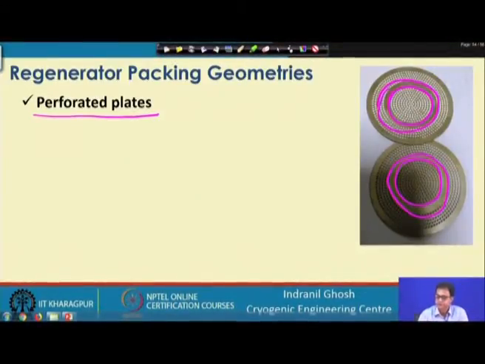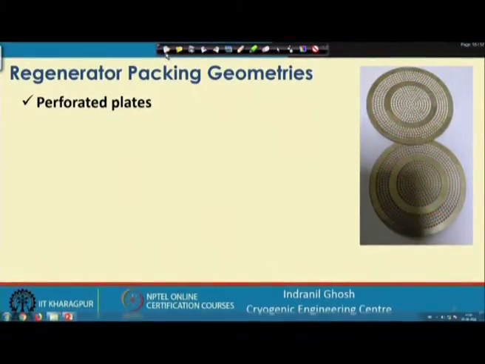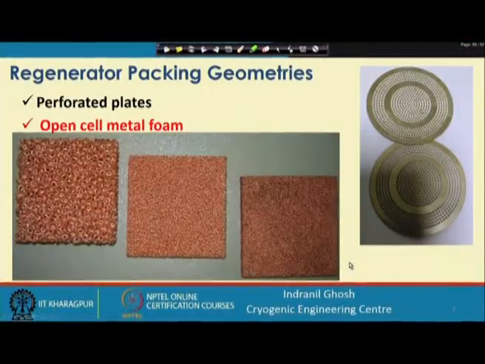This is made out of copper, and it has been coated with silver. There is a recent development in materials science which allows us to use metal foam as the regenerator material.